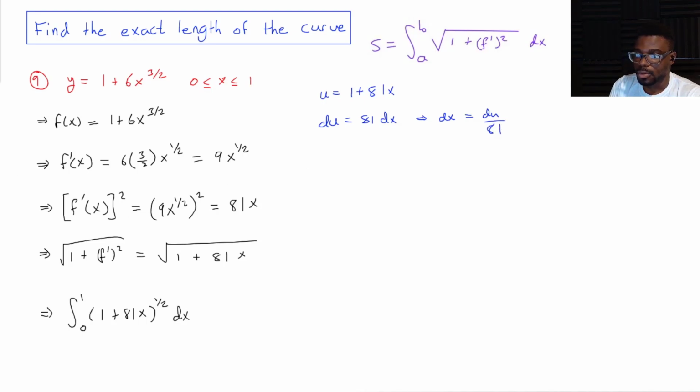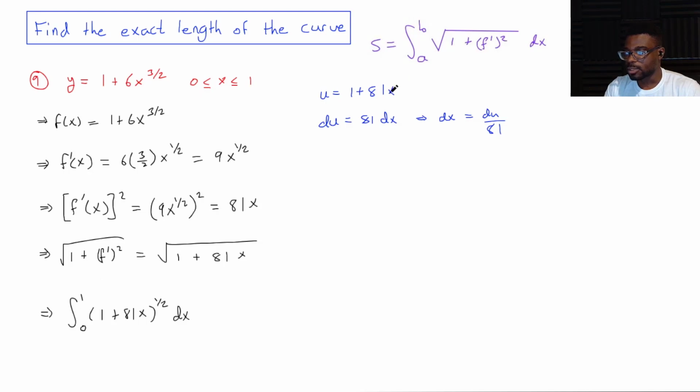Now, another thing we have to do is we have to change the bounds of the integral. Since we're changing from variables of x into variables of u, we have to make sure that the bounds reflect that. So the way we do that is we know x is going to range from 0 to 1.